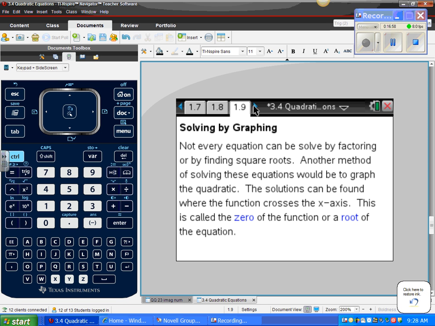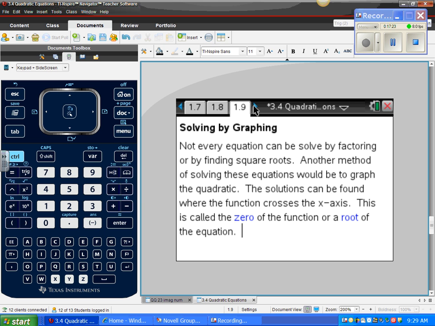Sometimes they don't factor, and we can't solve them using square roots, so occasionally what we wind up having to do is solve them by graphing. When I solve a quadratic by graphing, what I'm looking for is when the function crosses the x-axis. That's where we find our solutions. We also call them zeros or roots, so you need to know those three words can be used synonymously.